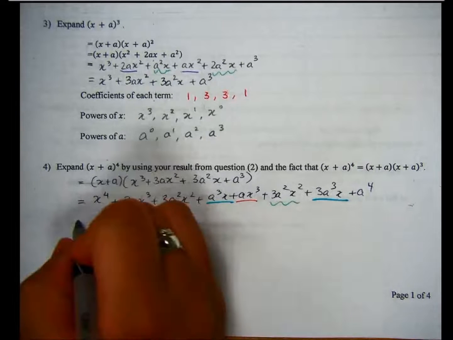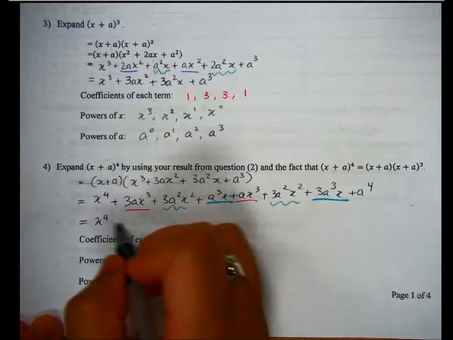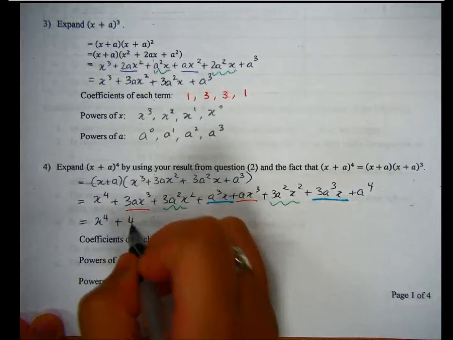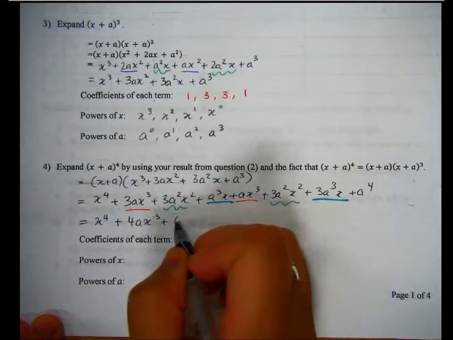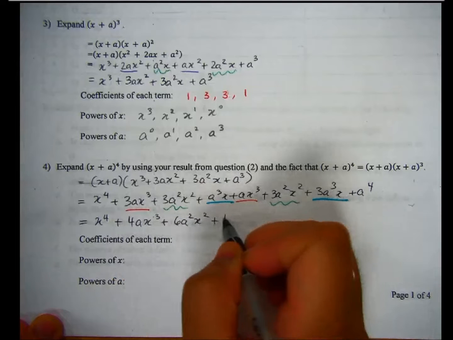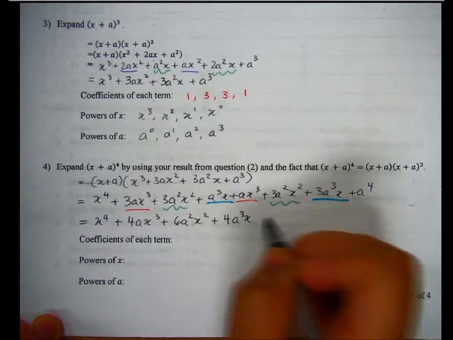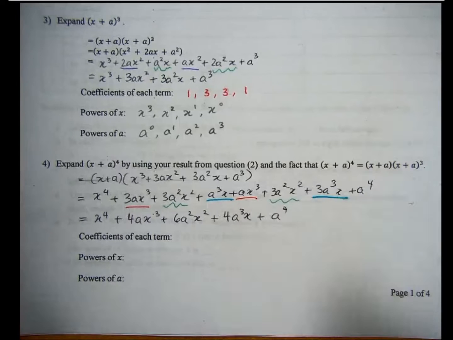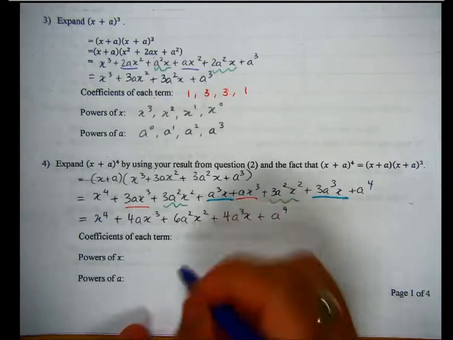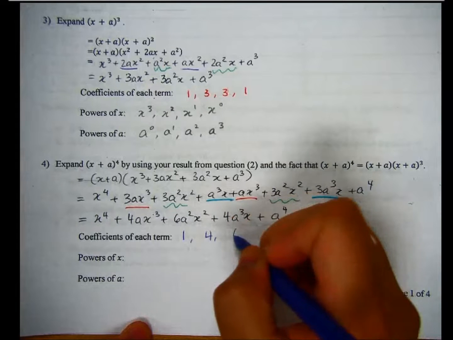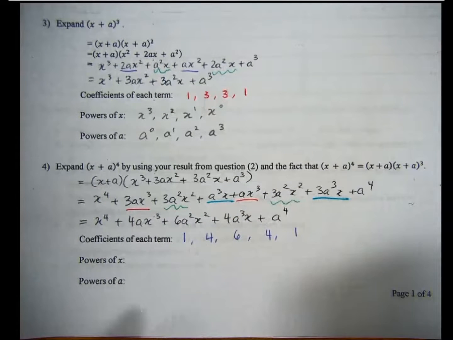And now we should have x^4 plus 4ax cubed plus 6a squared x squared plus 4a cubed x plus a^4. And write out the pattern for the coefficients. 1, 4, 6, 4, 1.